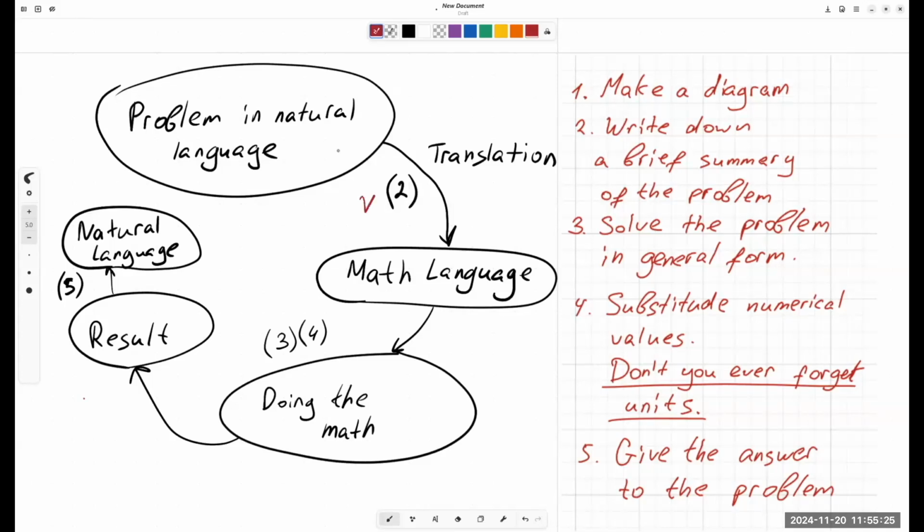Like here, if we didn't make any mistakes translating problem from natural language to math, if you didn't make any mistakes in math, and you can always check this, because for math you have formal rules to find any mistakes, and if you didn't make any mistakes translating back to natural language, you can be 100% sure that if the first statement about the world, if the first information, like problem itself, was correct, then your result is also correct.